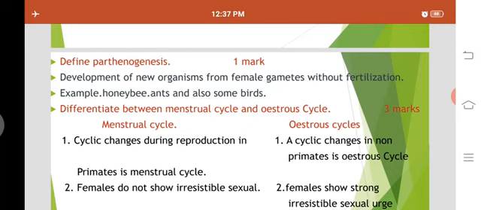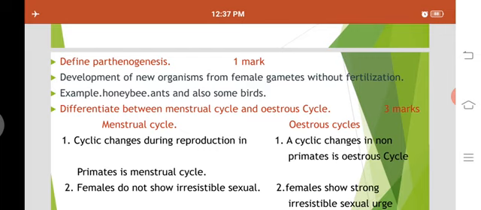Or we can say that in some organisms, the egg develops into an embryo without being fertilized, and later that embryo develops into the entire new organism. This process is called parthenogenesis.